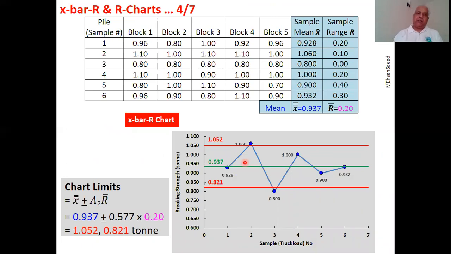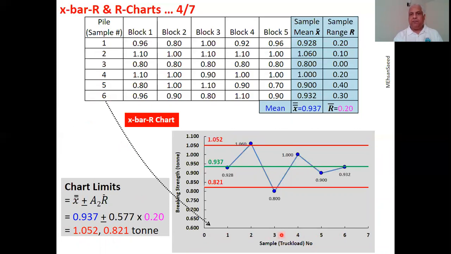This is the chart, and let me show you how this has been drawn. We have already worked out these two figures in the last slide. First of all, the sample numbers 1 to 6 are plotted along the x-axis.